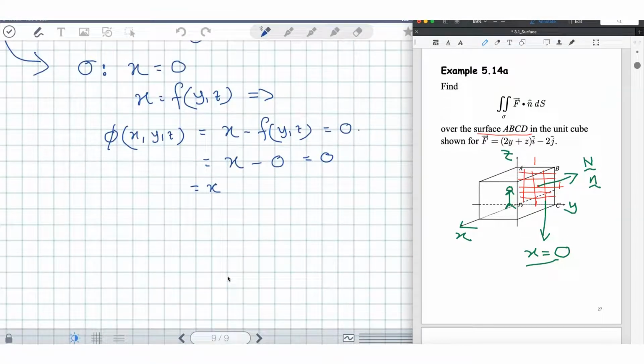So we want to get the gradient phi. You have phi x, phi y, phi z. Then differentiate x with respect to x, you get 1 and the rest you get 0.